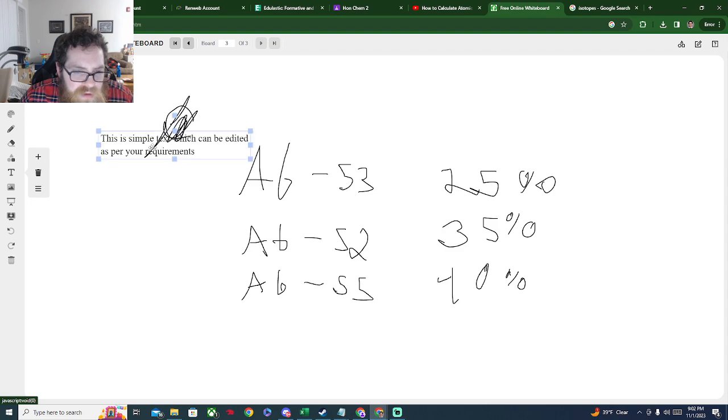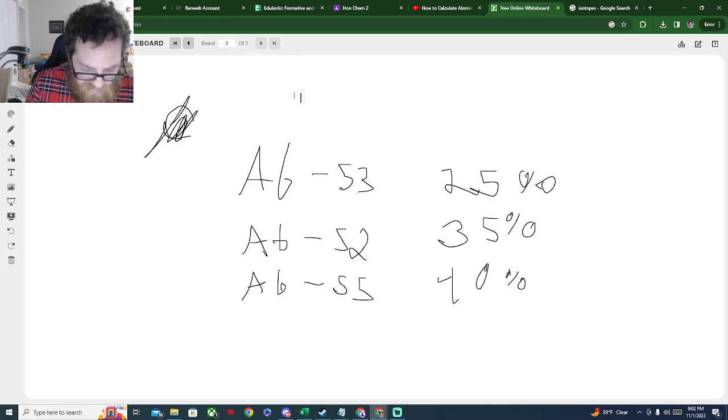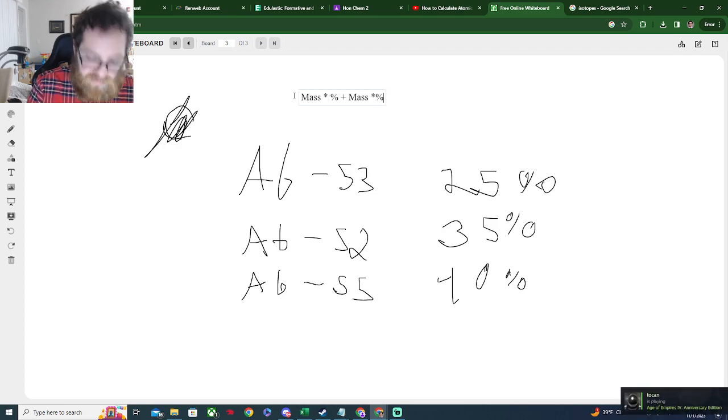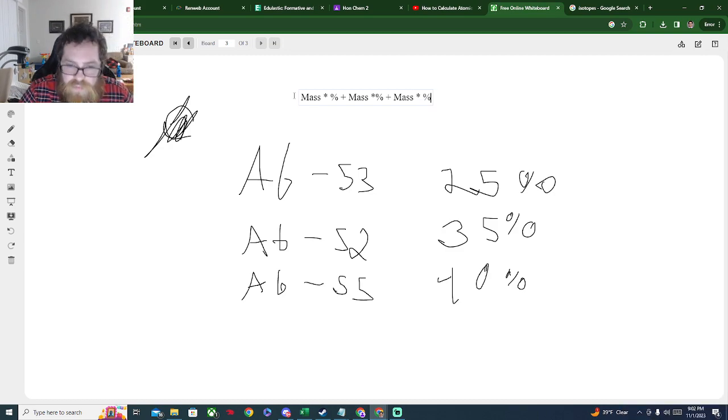Well, when we are calculating the mass, we want to take the mass multiplied by the percentage plus the next mass multiplied by its percentage plus a third mass multiplied by its percentage. Percent means per 100. Cent, century, 100 years, 100 cents in a dollar.